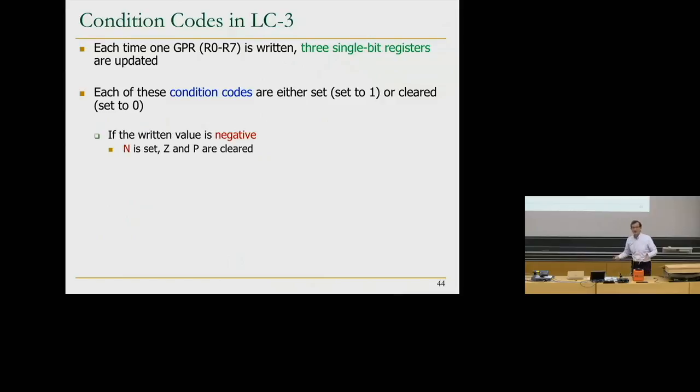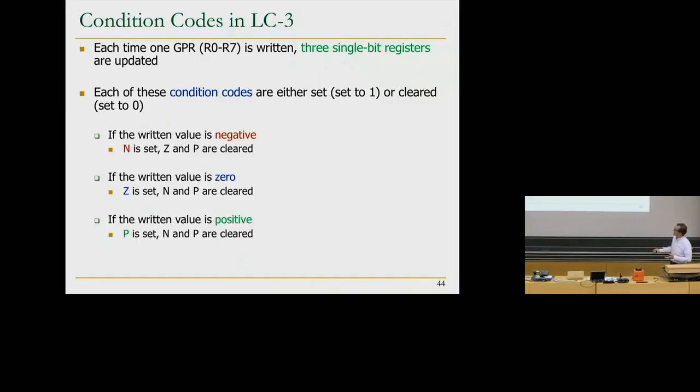So if the value that you're writing to the general purpose register, R0 let's say, is negative, the machine automatically sets N to 1, Z to 0, P to 0, which means that this value is negative. If the written value is 0, the machine automatically sets Z. If the value is positive, the machine automatically sets P. Now you can make a decision based on these bits, right?